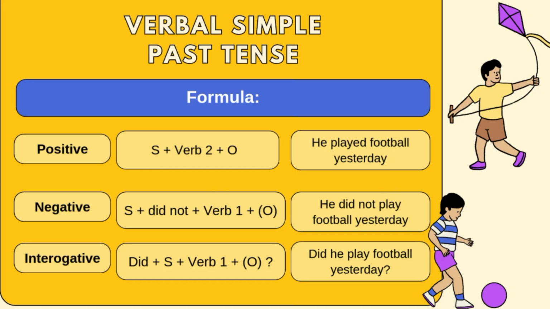Again, even though the sentence is about the past, the verb stays in verb 1 because did already represents the past. So that's how we use the verbal simple past tense. Positive with verb 2, negative with did not plus verb 1, and question using did plus subject plus verb 1. When you understand the function of did, everything becomes much easier.